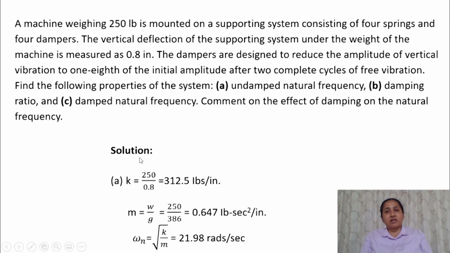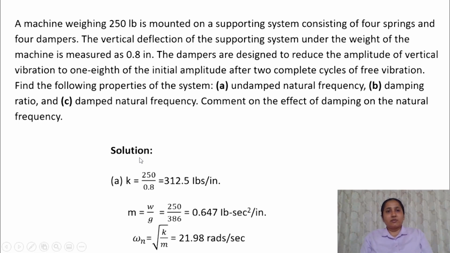The dampers are designed to reduce the amplitude of vertical vibration to 1/8 of the initial amplitude after 2 complete cycles of free vibration. Find the following properties of the system: the undamped natural frequency, the damping ratio and the damped natural frequency. Comment on the effect of damping on natural frequency.